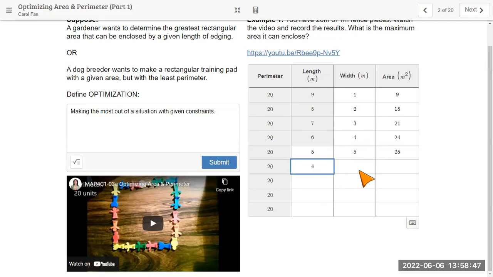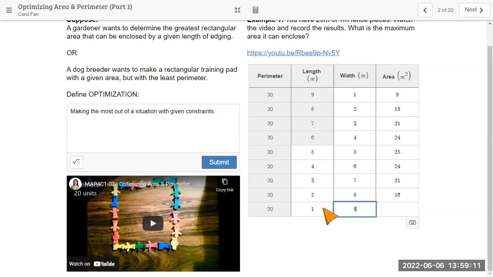Length is 4, that means our width would be 6. Area is 24. You see that it's kind of repeating itself again. So 3, 7, and 21. 2, 8, 16.